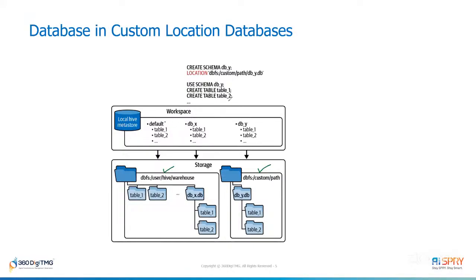And when you say you created schema dbx, within the same local Hive store, you got dbx. Now I want to customize this a bit more. So I am saying that I want to choose the location also.